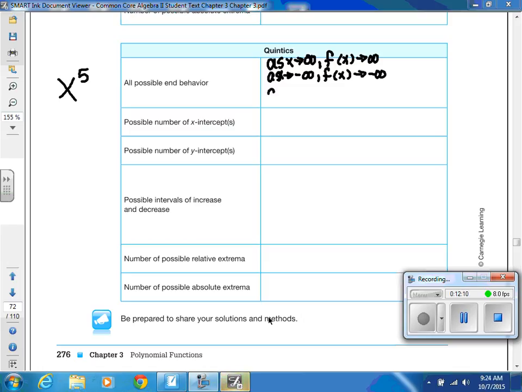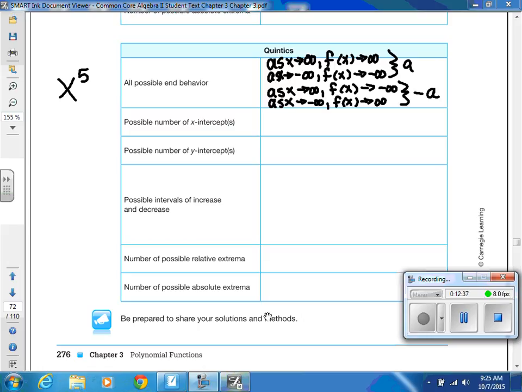For the negative a, as x approaches infinity, f of x is approaching negative infinity. As x is approaching negative infinity, f of x is approaching positive infinity. Those are your end behaviors.